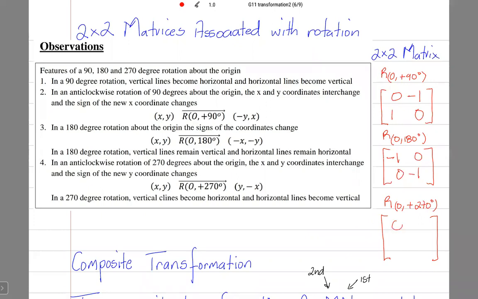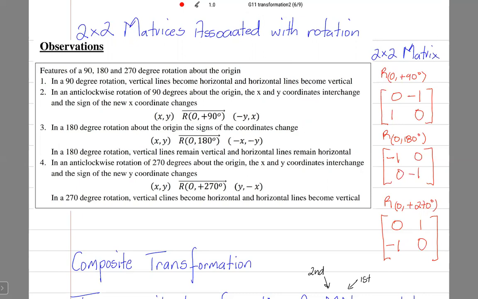This is the interchange matrix. And if I put a negative 1 down here, this matrix will both interchange and change the sign of the new Y coordinate. These are the three matrices associated with rotation: 90 degree rotation, 180 degree rotation, and a 270 degree rotation about the origin.